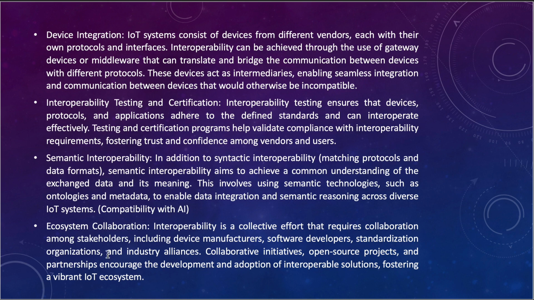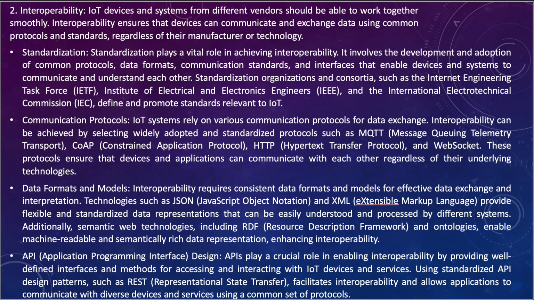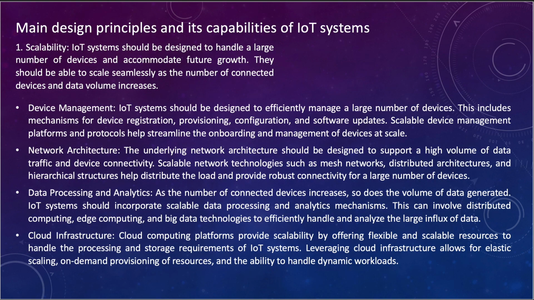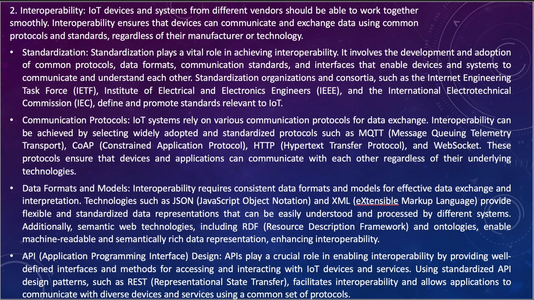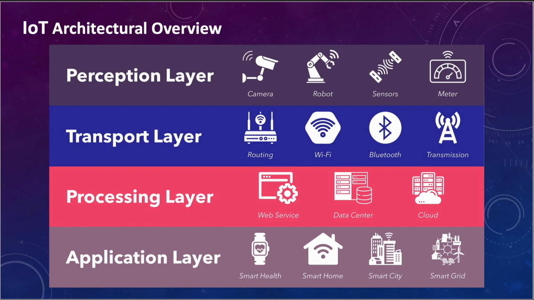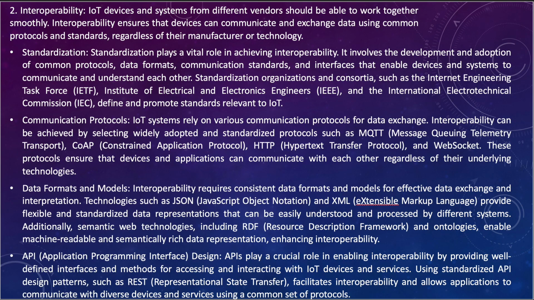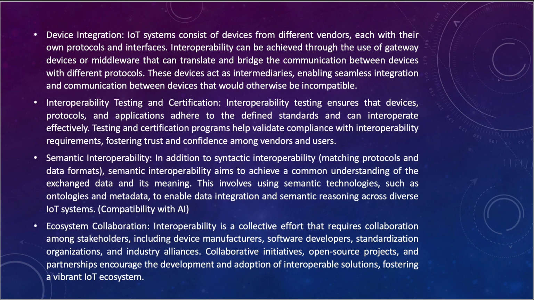So ecosystem collaboration is a fundamental thing which comes with interoperability. So we are talking about scalability to interoperability. These are properties that are there in IoT systems, in the architecture, which is defined as these 4 layers. In that system, these properties should be there, these standards would be there, right?